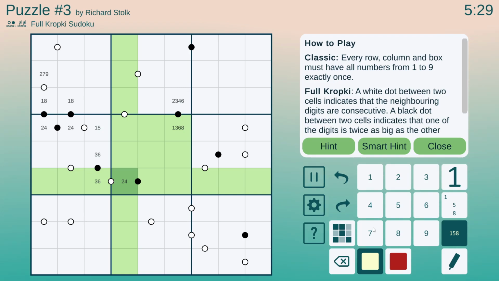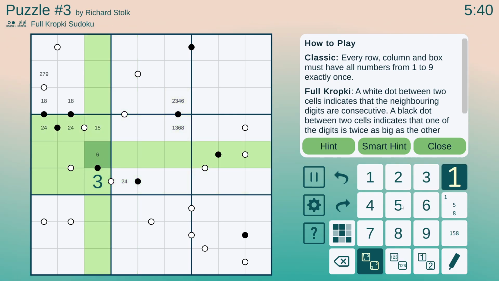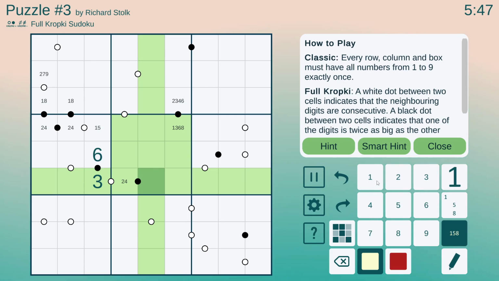Okay, now we're getting somewhere. And now whether or not this is 2 or 4, it would have to go to 3, because 6 is 2 digits away. So this is a 3. This is a 6. Okay, now we're in the realm of possibility for this to have a solution.